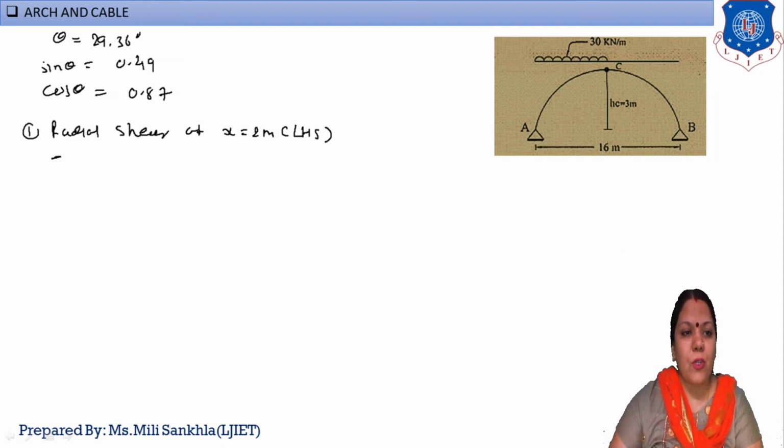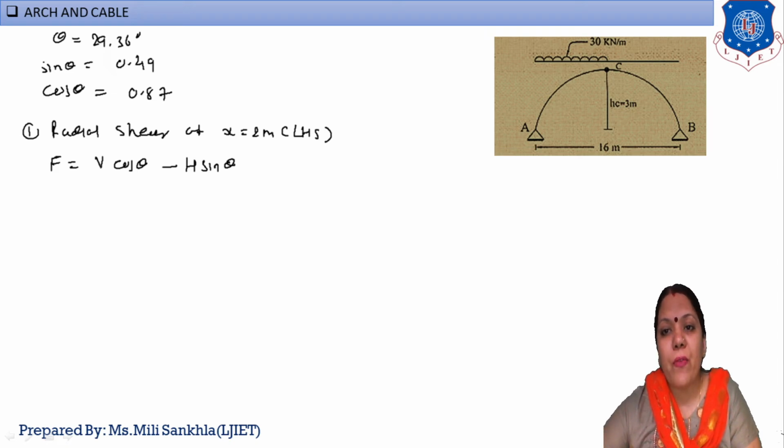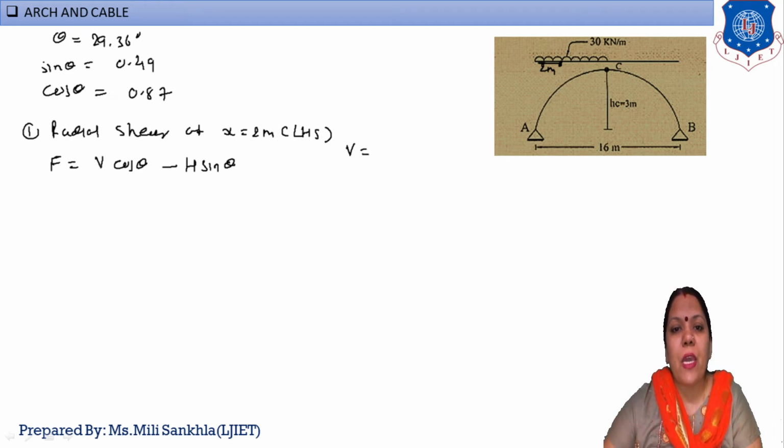Now what is the equation of this radial shear is equal to V cos theta minus H sin theta. Now what is the value of VA, because here we find out at distance 2 meter. So V is equal to VA minus this downward load 30 into 2.